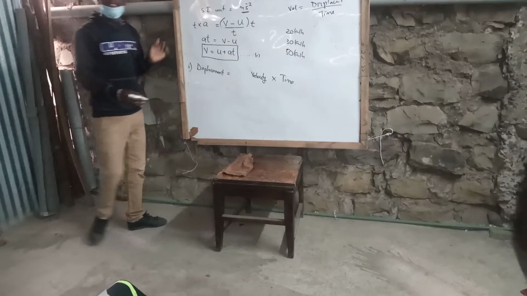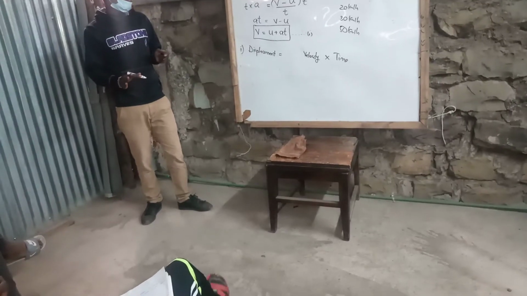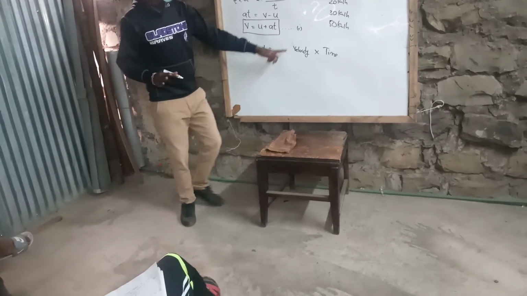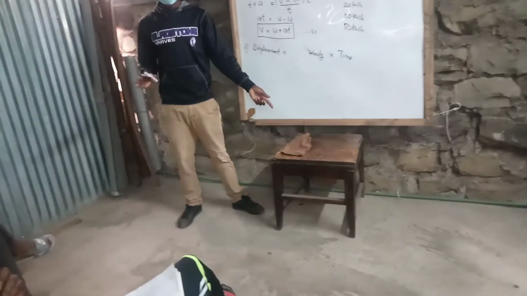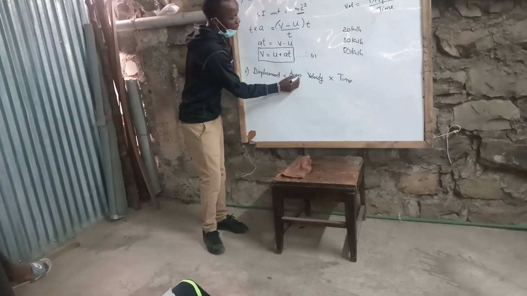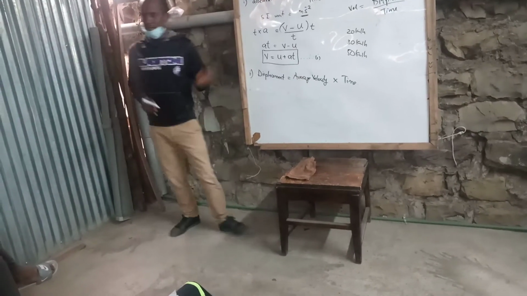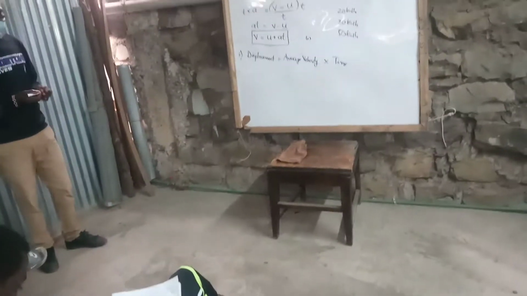So you realize you are having a change in velocity. And if you are dealing with such an object, you cannot make up your mind to either use 20, 30, or 50. So what do you do? You look for the average velocity. Yeah. So you are dealing with the average velocity.